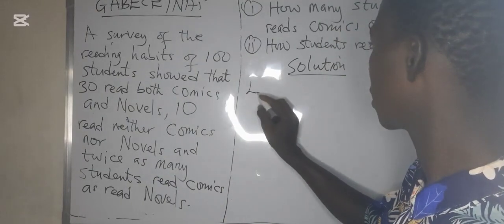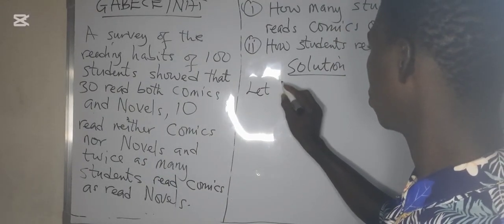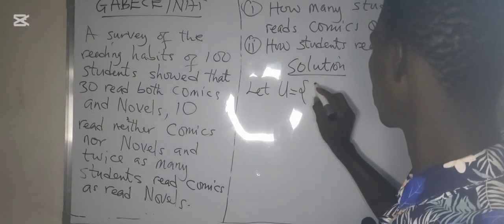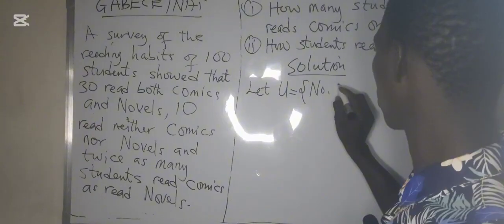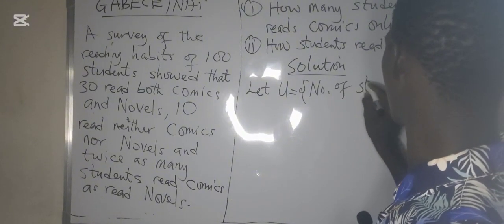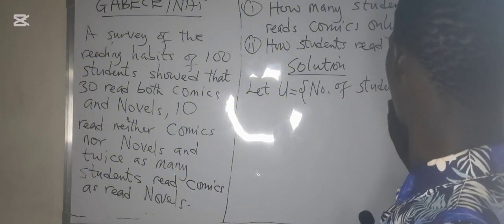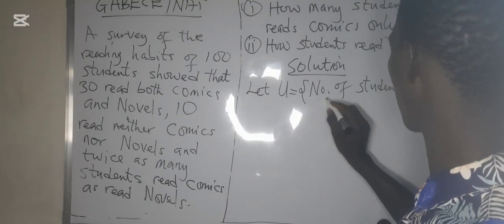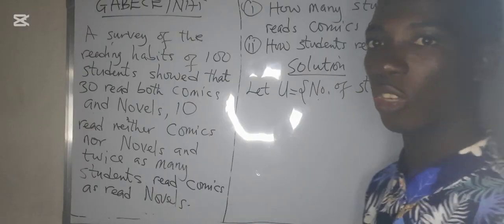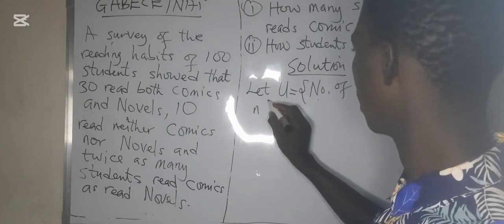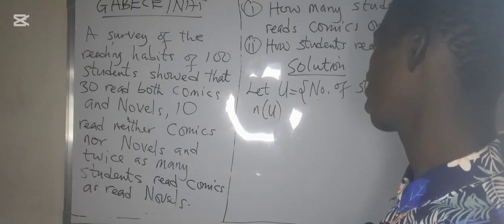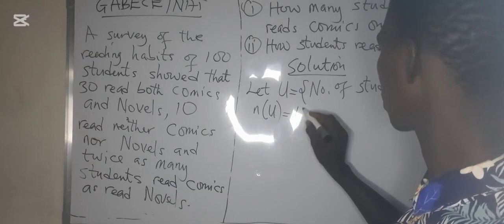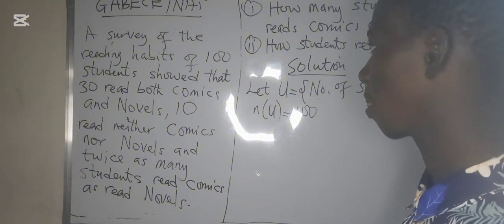That is, we let U be the total number of students. That is, n(U), the number of students we have, is 100 students.